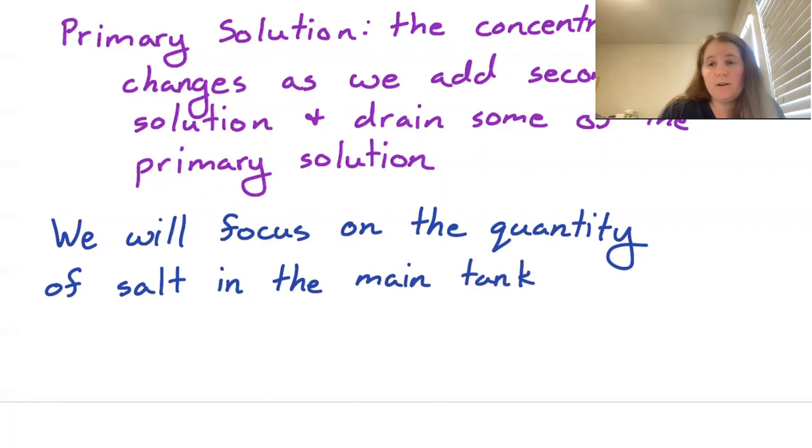So in the primary solution in the main tank. And we will be focusing on pounds, the quantity of salt in the main tank.